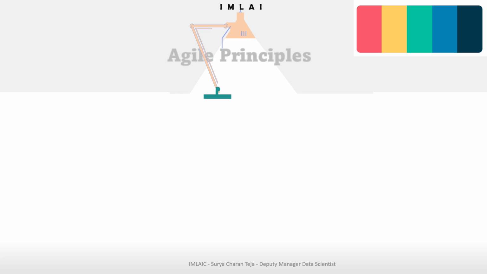Before understanding agile completely, where has this agile come from? Agile fundamentally comes from certain principles. The whole agile methodology is based on a few principles, the 12 principles of agile.